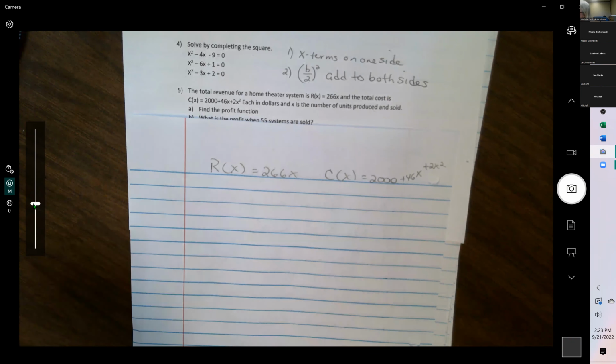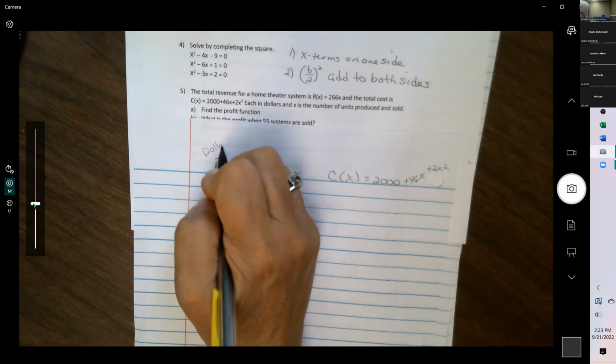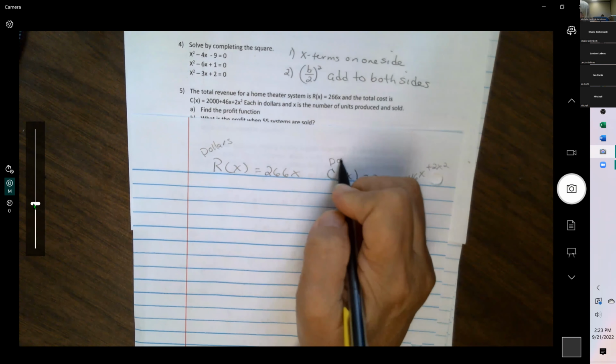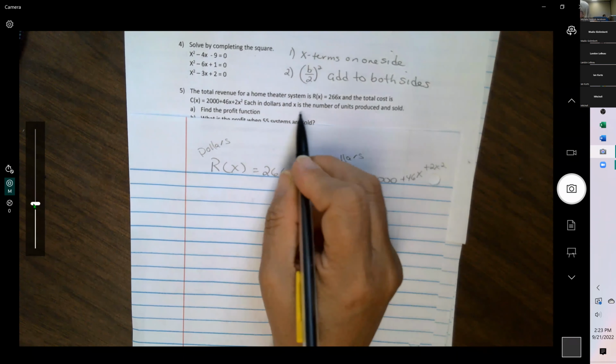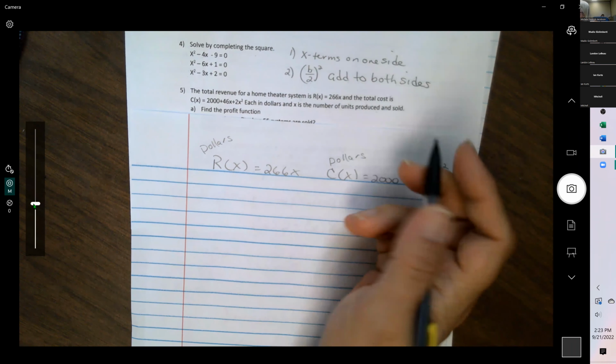Each are in dollars. And X is the number of units produced and sold.